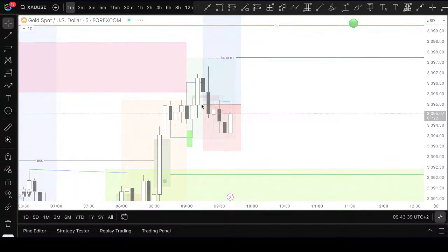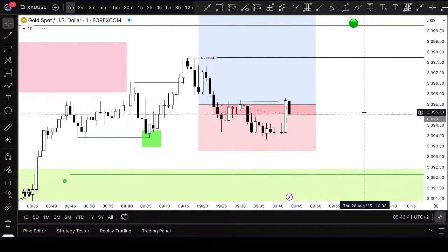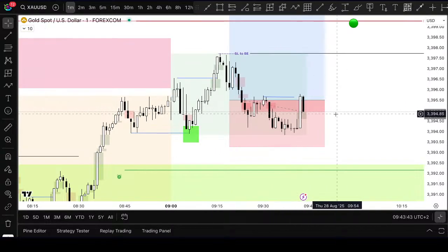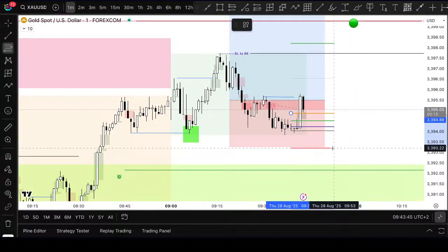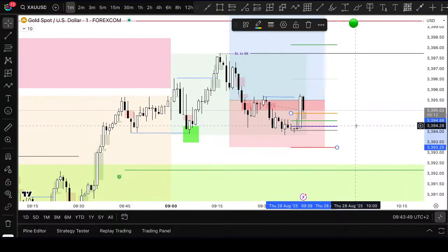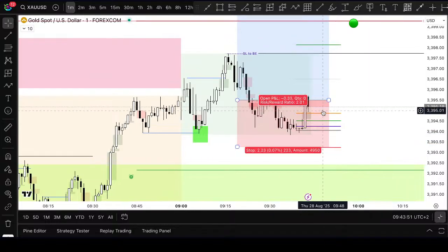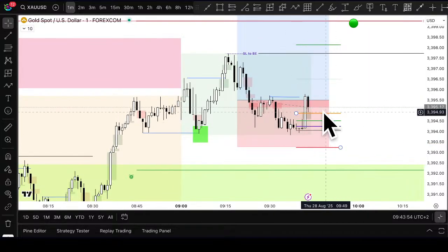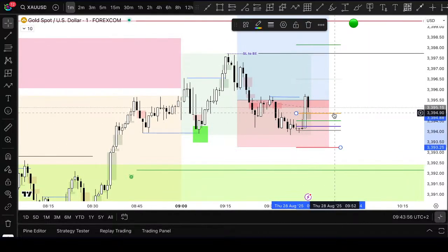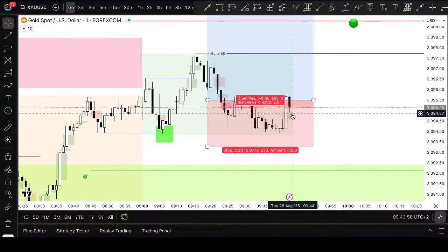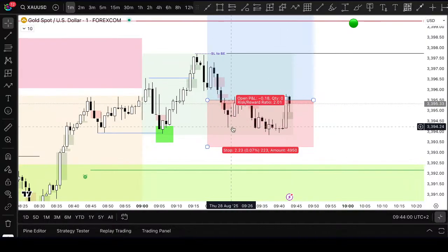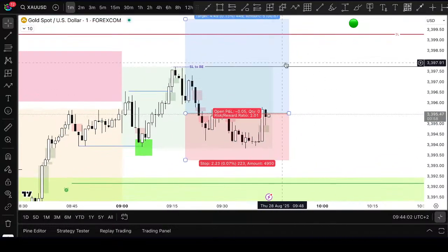Another way of looking at it is that it just took it out and gave a strong reaction. Now the people who want to buy will enter here, and the SL will be our SL. So these two places are mixed. A better idea is that the people will just come and add orders and try to push it up.